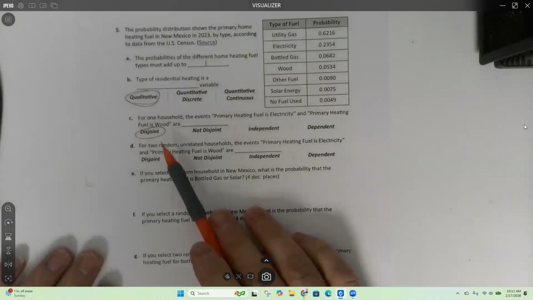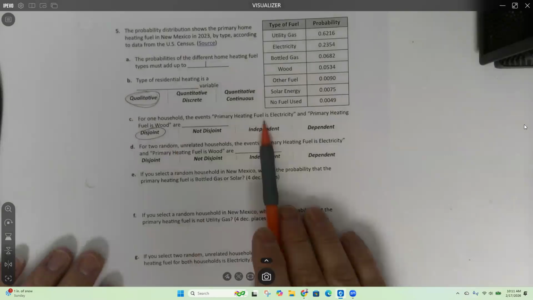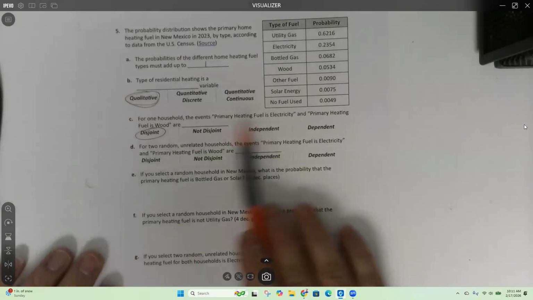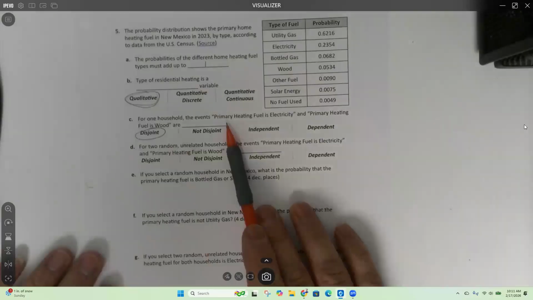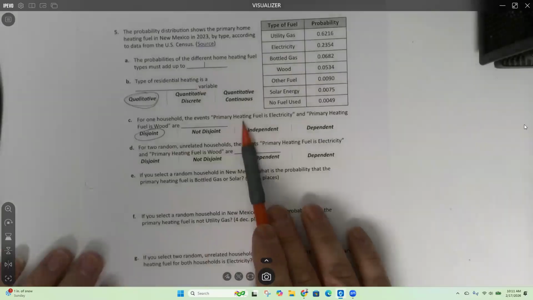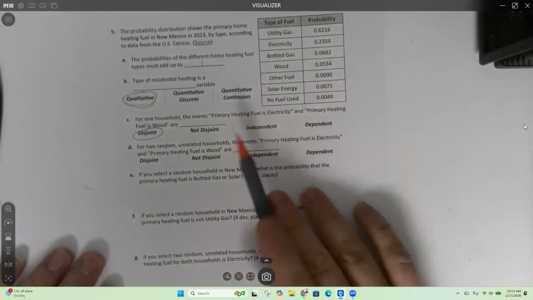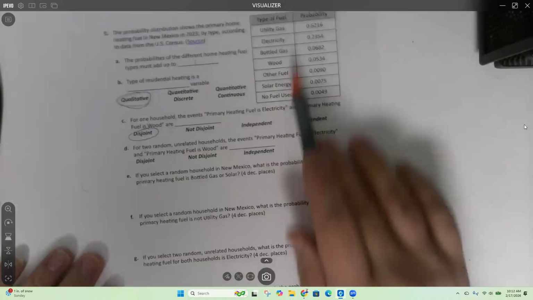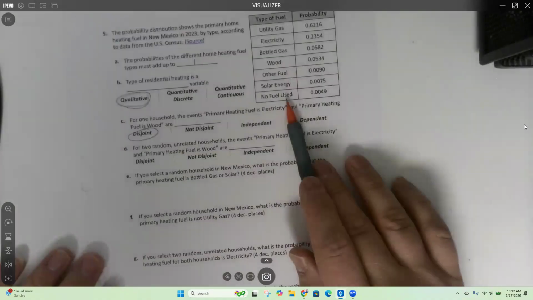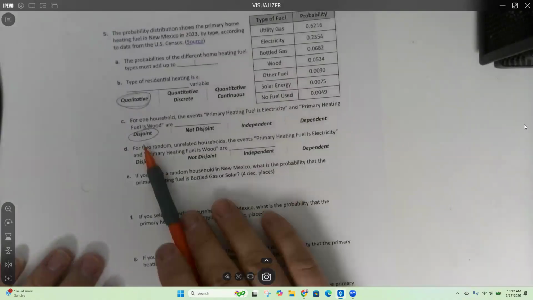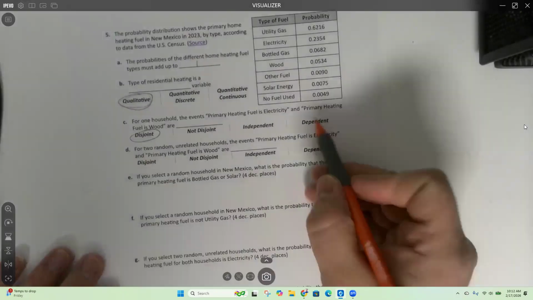Yeah. It is possible for a house to use electricity and wood for fuel, but your primary means the one you use the most, and you can't use both the most. Okay. Even if you use them exactly the same amount, you're only going to be counted once in one of these categories. So disjoint. If it's disjoint, it's automatically dependent.